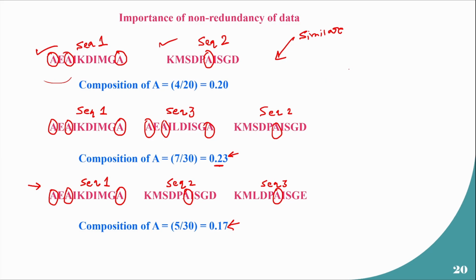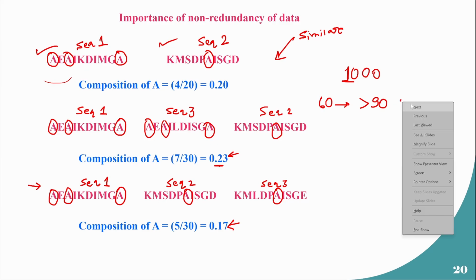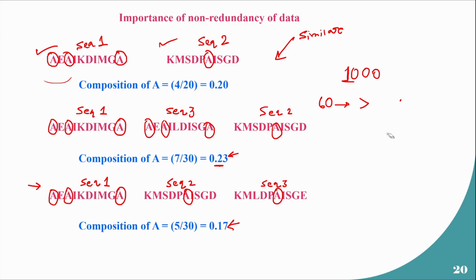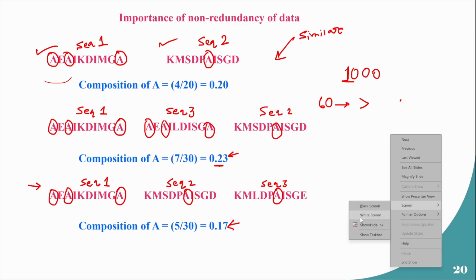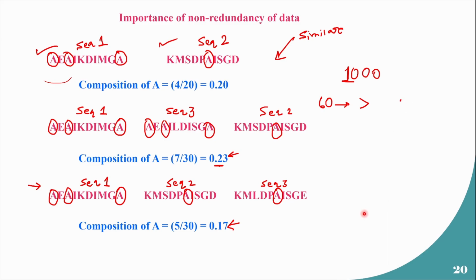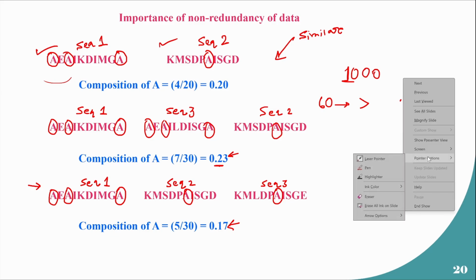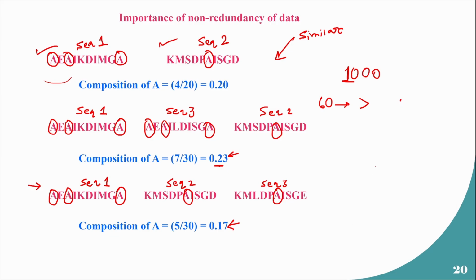Let's say in your total data set of 1,000 sequences, right? Let's say you have 60 sequences which are having greater than 90% sequence identity.